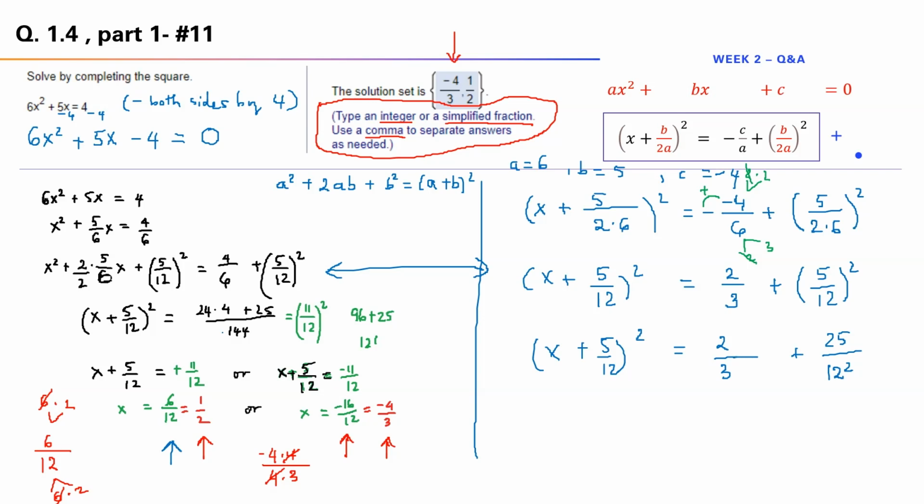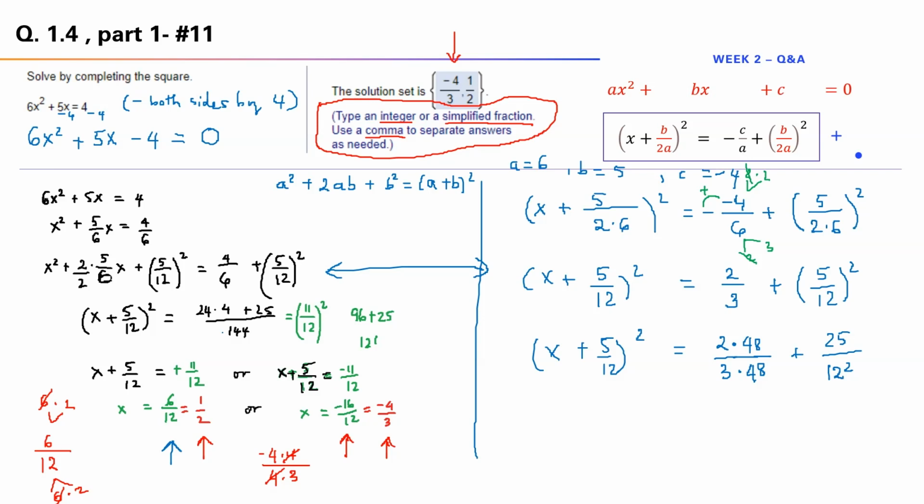So for the 3, we want to change the denominator, and it will be 12 times 4, 48. Why do we multiply by 48? Top and bottom, so the 2 over 3 doesn't change, because if you cancel out, 48 divided by 48 is 1.